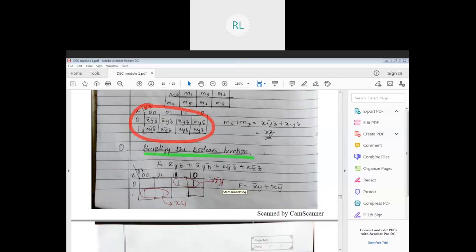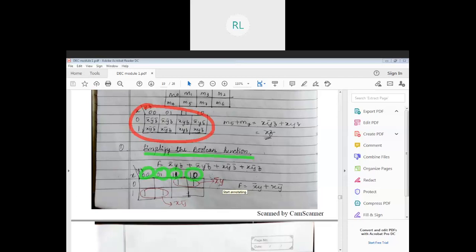I want you to understand what is inside the table here, and now I want you to understand this particular problem that we are going to see. So we have a function x bar y z plus x bar y z bar plus x y bar z bar plus x y bar z. This is our equation.